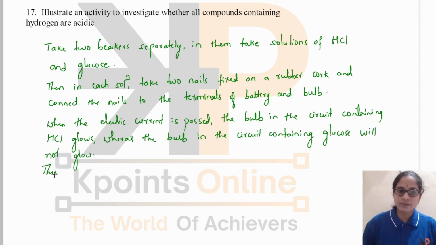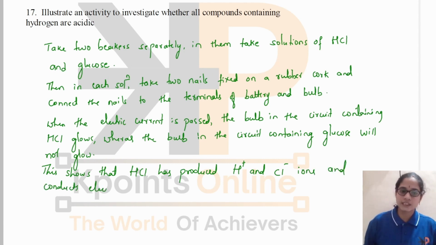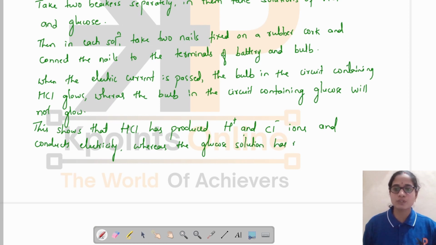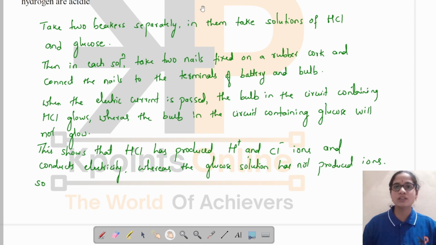This shows that hydrochloric acid has produced H plus and Cl minus ions and conducts electricity, whereas the glucose solution has not produced ions. So our answer will be all the compounds containing hydrogen are not acidic. Only those solutions which produce H plus ions on dissolving in water will be acidic in nature.